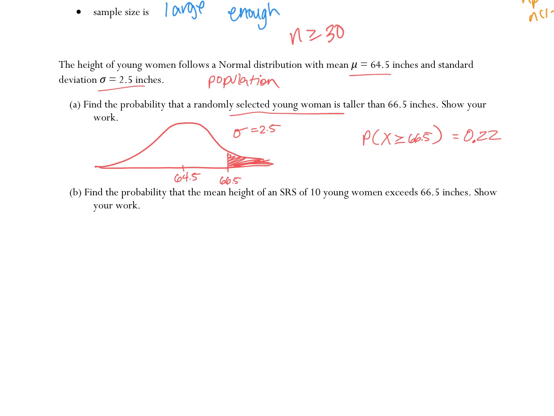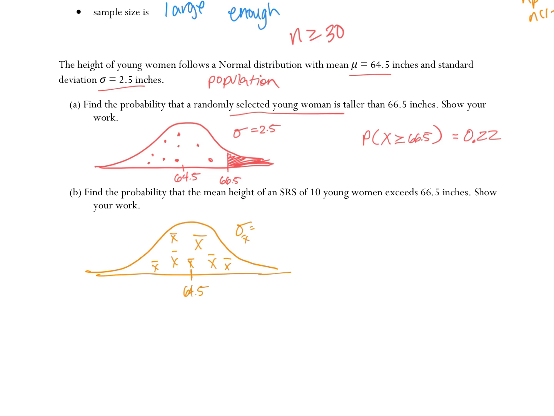All right. So now let's say I take a simple random sample of 10 people, 10 young women. Because my population was normal, the xbars are going to be normal. It's worth noting, again, on the red graph, we're talking about the population as a whole, individual people, whereas on the orange graph, we're talking about xbars, okay? Now, it turns out that the mean of the xbars is equal to the mean of the individuals. Help me out with my standard deviation, though.